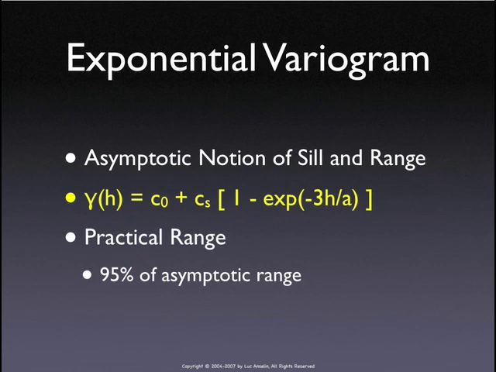The range is conceptually infinite, so that's not useful as a range, and people use 90% of the asymptotic range as the practical range, beyond which for all practical purposes there is no spatial autocorrelation anymore. So that is the concept here.